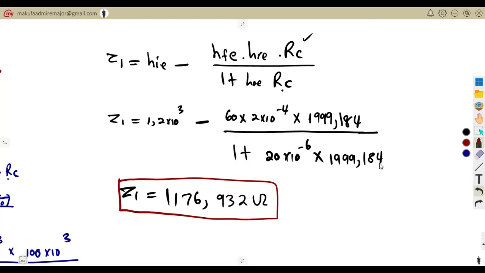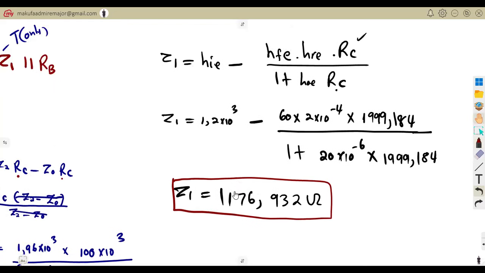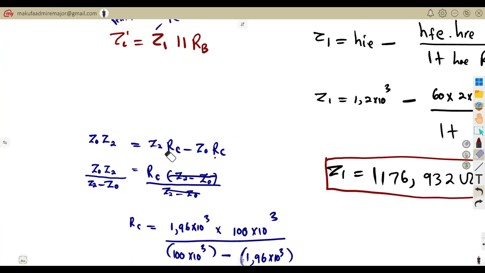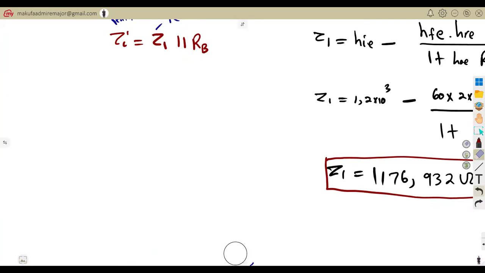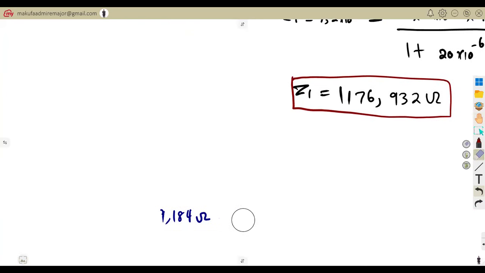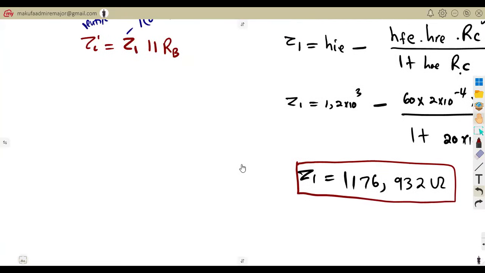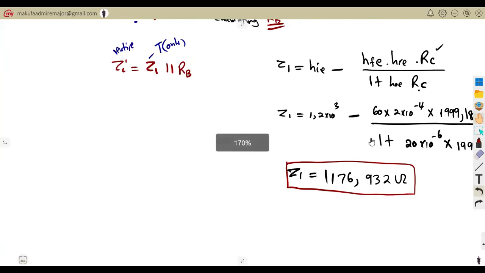But what about the entire stage? How are you supposed to use this on the entire stage? Because Zi of the transistor only is also playing a role in this entire stage. So we're going to take our formula for the entire stage, where RB is the one that we need to calculate. It follows that Zi, which is the input, is equal to Z1 times RB in parallel, over the sum.